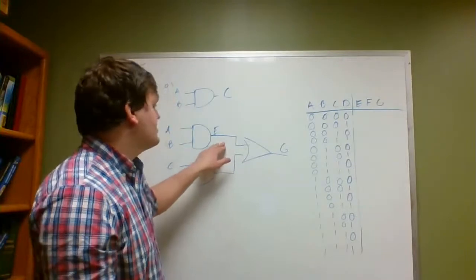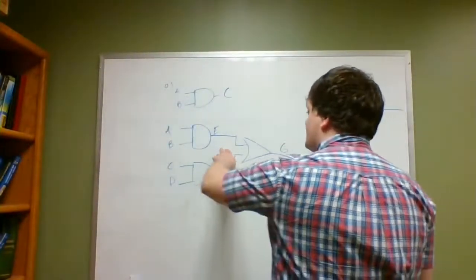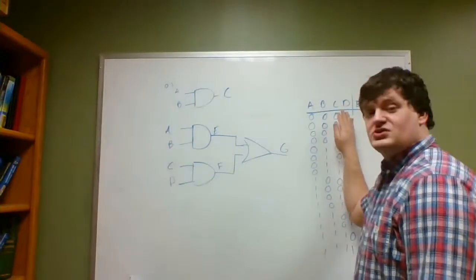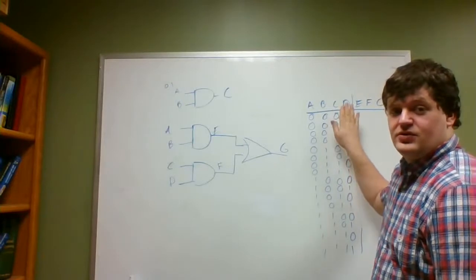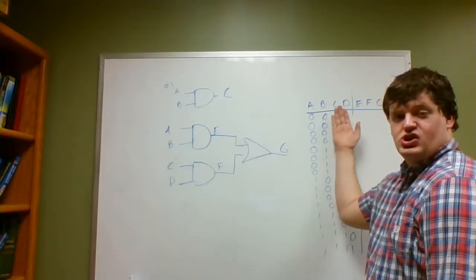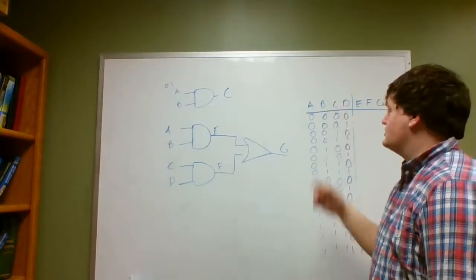So we'll start with E and we'll start with F. Okay? E only depends on A and B, meaning these 2 columns don't even matter. These 2 columns don't matter. E only depends on those 2.